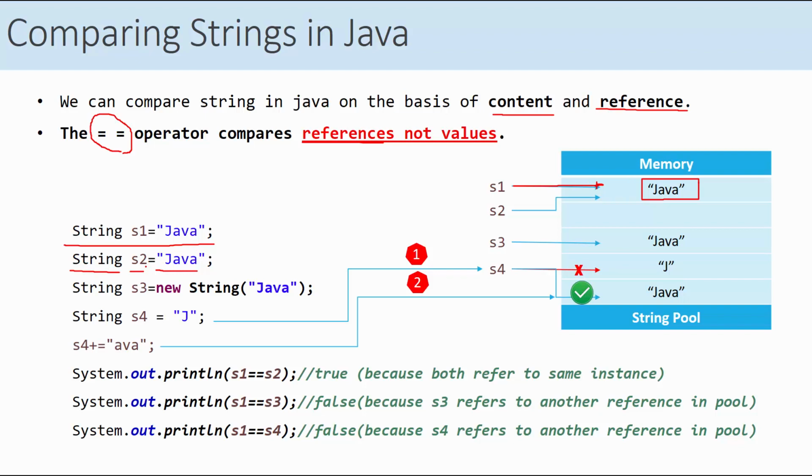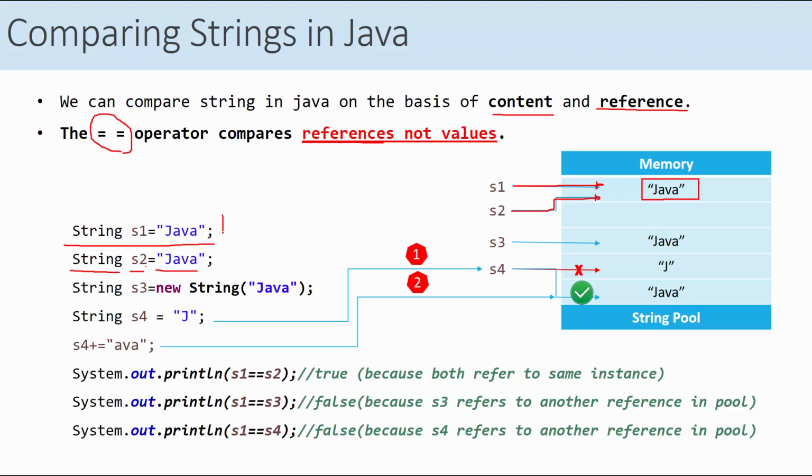The second string s2 will point to and use the same reference in memory. Why does Java do that? There are many reasons. One of them is memory management.